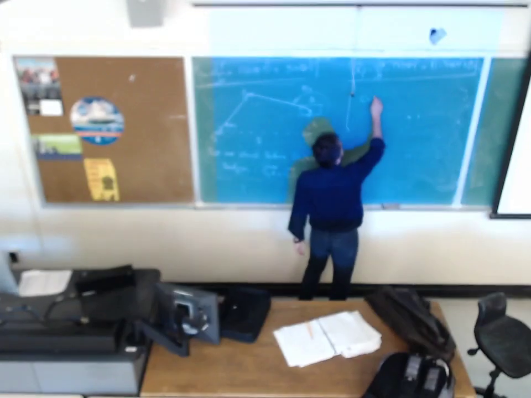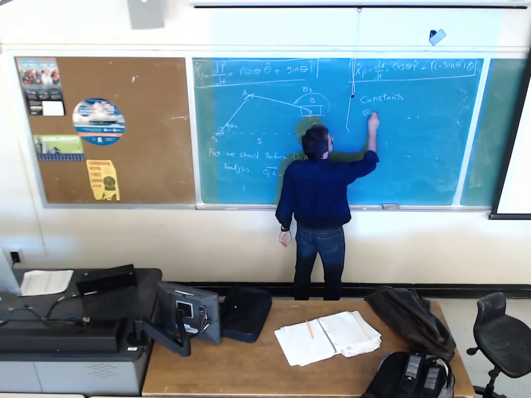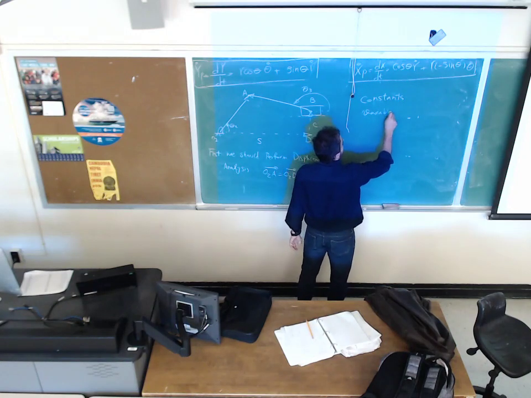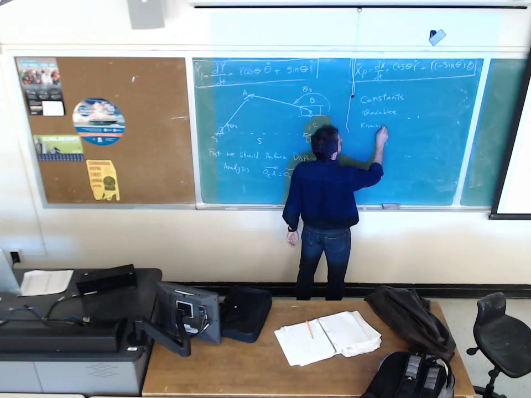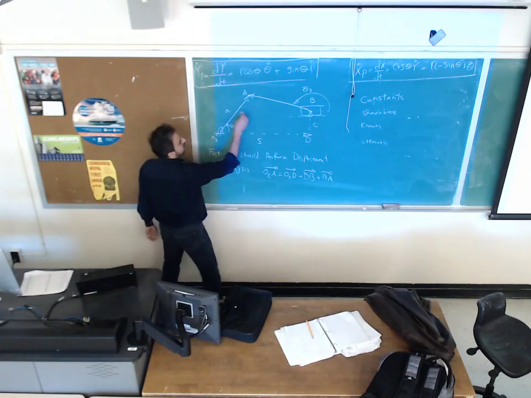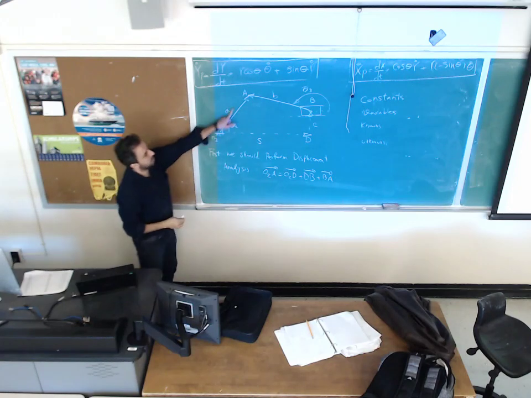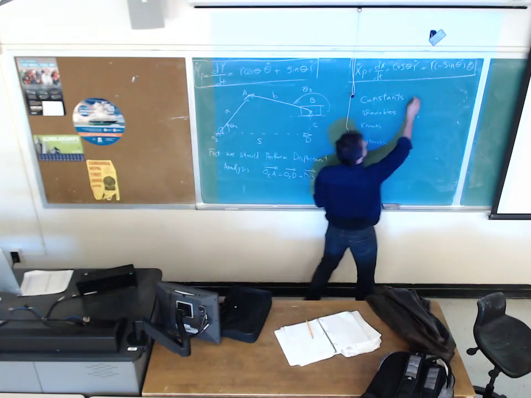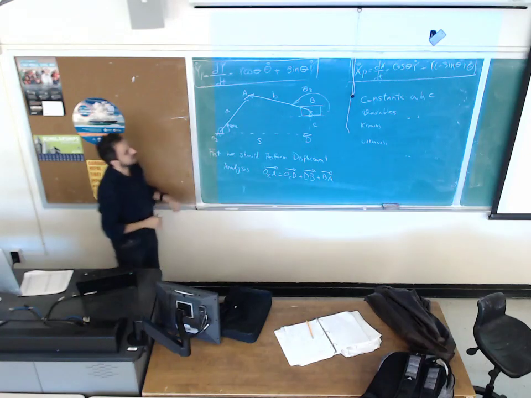And we talked about the constants, variables, knowns, and unknowns. This is A, this is B, this is C, and this is S. The constant part of the mechanism is A and B, and C, the offset is constant.